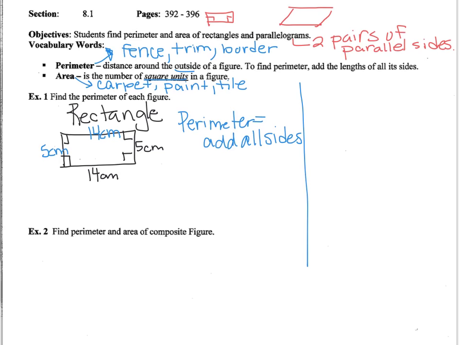So the perimeter is 14 plus 14 plus 5 plus 5. And you could have multiplied by 2 and all kinds of fancy formulas, but all you're going to do is add all of those up. And that would be 38 centimeters.